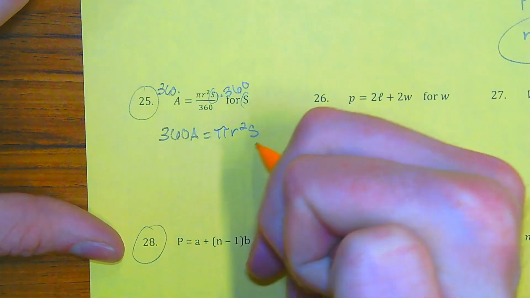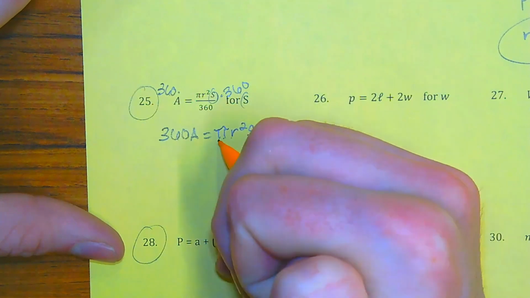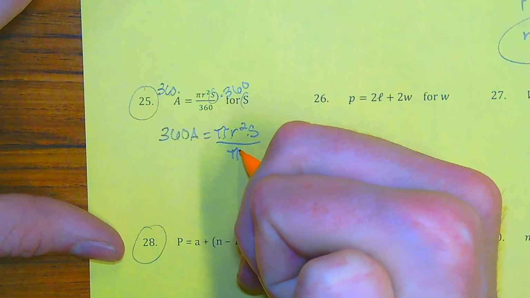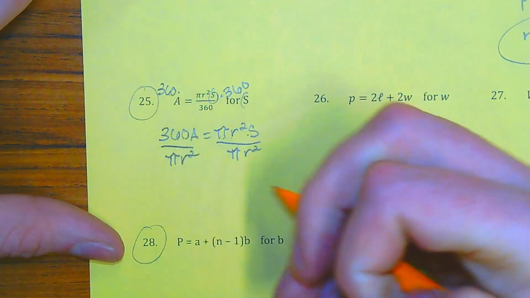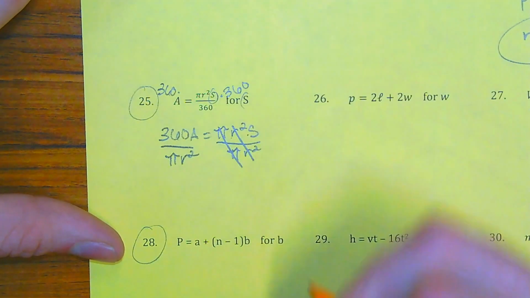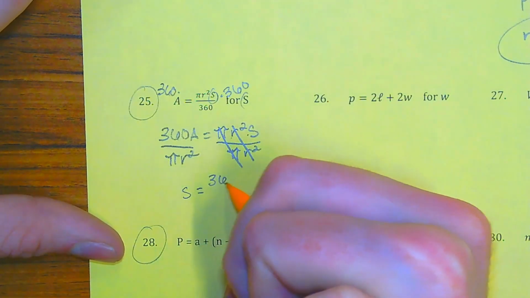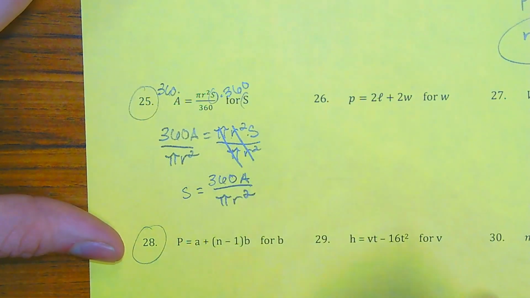From there, we want to do the opposite of multiplication and divide both sides by pi r squared. The pi's go and the r squareds go, leaving me with just my s. So s is equal to 360A over pi r squared.